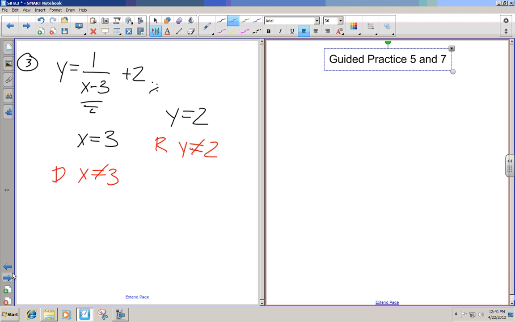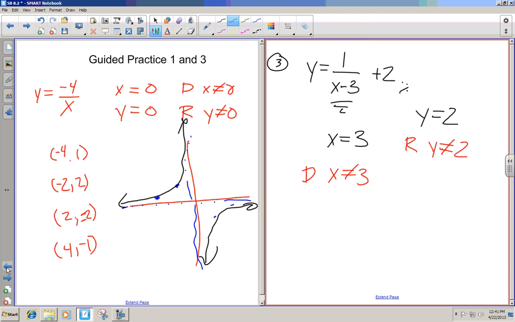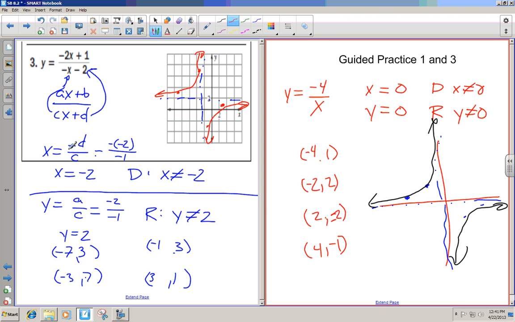Guided practice number 5 is y equals (2x plus 1) over (4x minus 2). And now, for the x asymptote, you need to go back to your notes to see that the x asymptote is negative d over c.